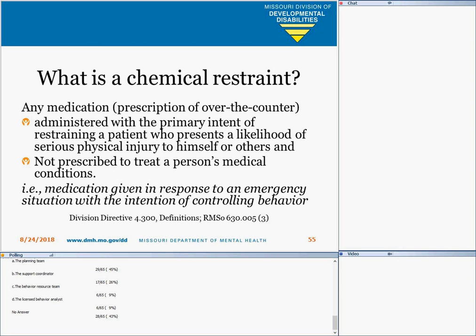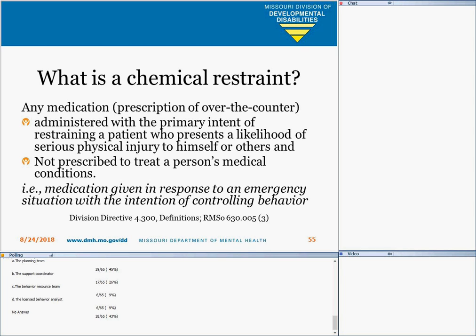So say they have serious seizures. When they take their seizure medication, it makes them drowsy, and they usually take a nap. It's not the primary intent to restrain a person. The primary intent of that seizure medication is to treat the seizures. Was the medication given because the person presented a serious likelihood of injury to themselves or others?